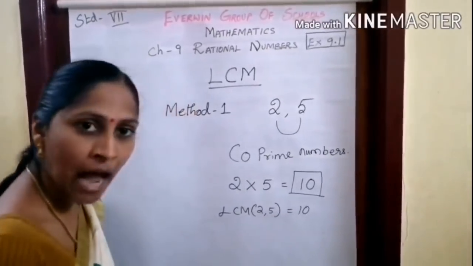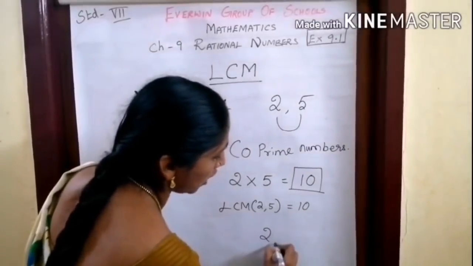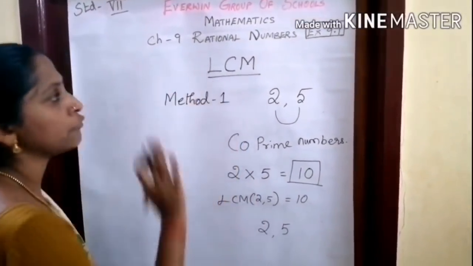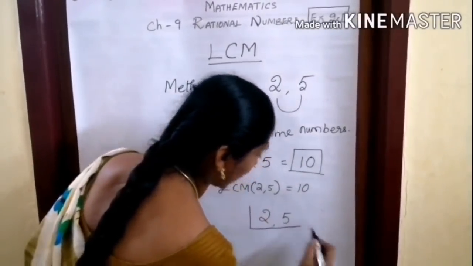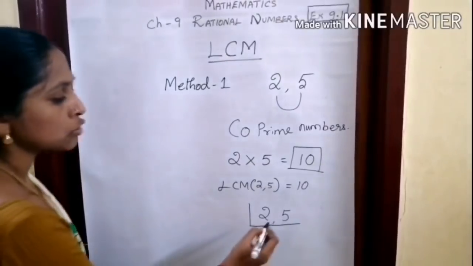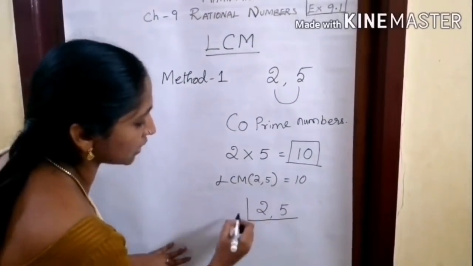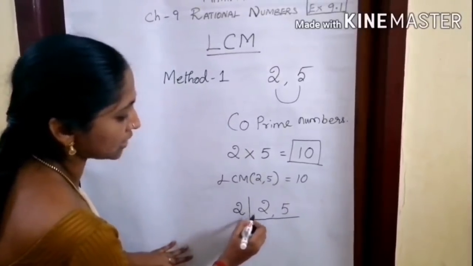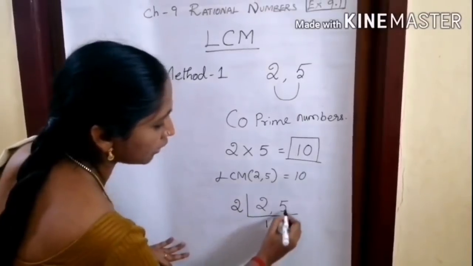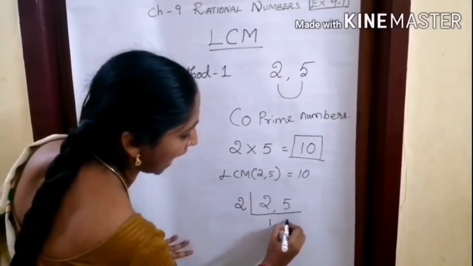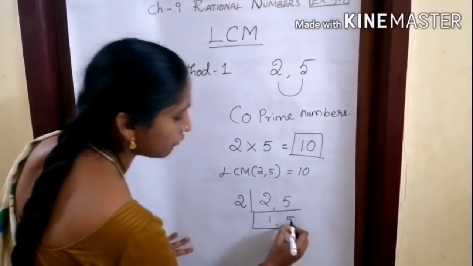Do you have any doubt? Let's see. 2, 5. Usually for LCM, we use L division, L shape. There is no common factor here. First, I will take the factor of 2. 2 is a factor of 2, so divide by 2 one time. Here 5 cannot divide, so write as is. Next, the factor of 5.